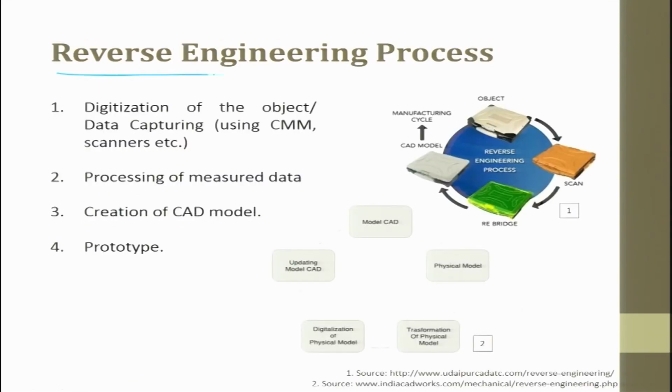In the reverse engineering process, it is a cycle. This is a start point. You will always start with an object. Then you will scan by using a camera or a photograph, whatever it is. When you take 2D images, we take images from several directions, stitch them together and then form a 3D part.